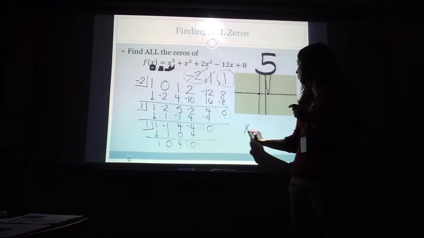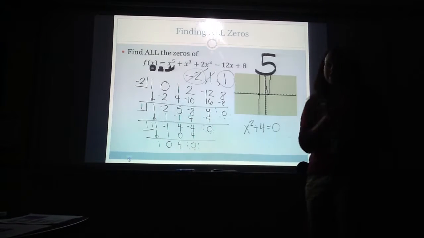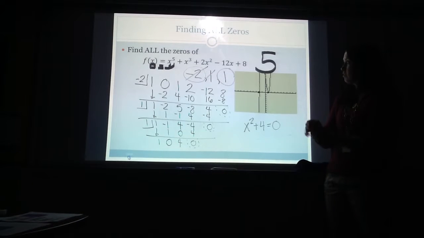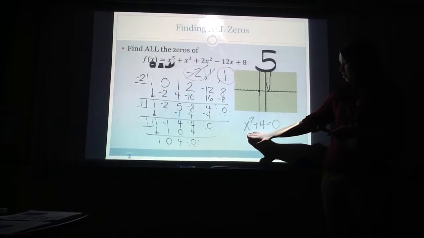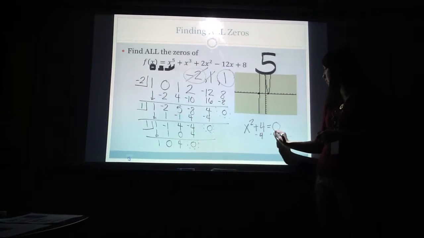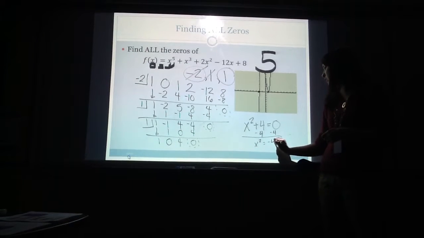So now we have x squared plus 4. And you set that equal to 0 and solve it out once you get your quadratic. Now sometimes you're going to have to put it in quadratic formula. This one you don't have to put in quadratic formula. You can just get x by itself. So I'm going to subtract 4 from both sides. And I get x squared equals -4.